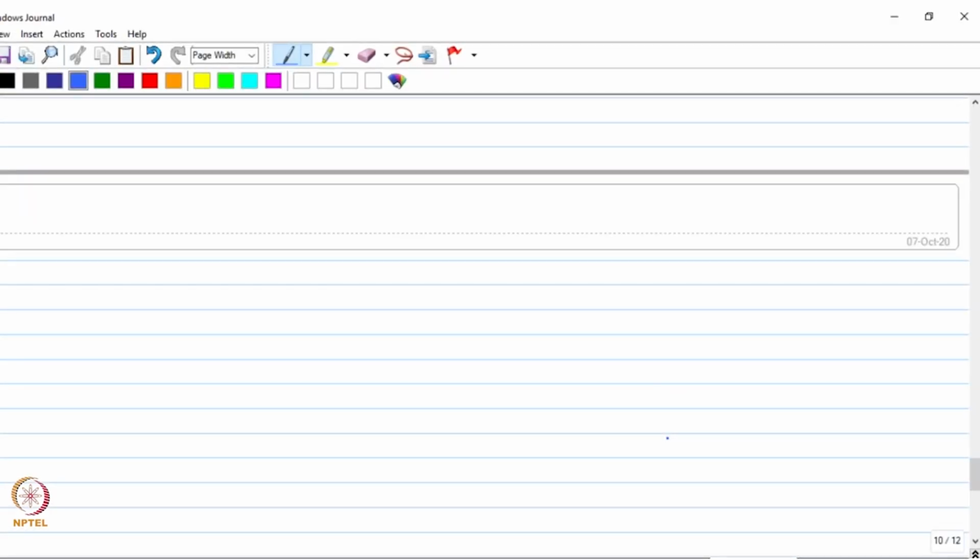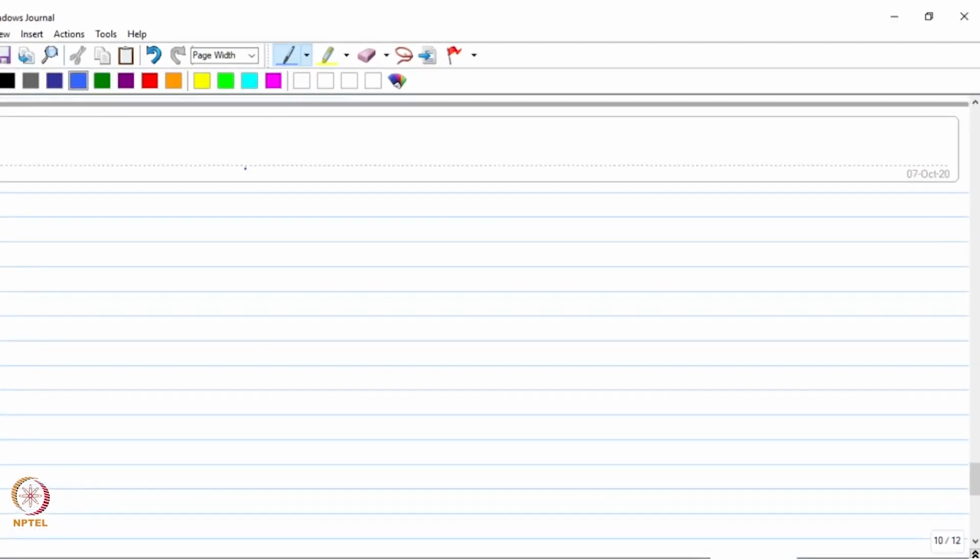Okay, so in case of the homogeneous nucleation, critical free energy change is given by the surface energy and the volume free energy change.